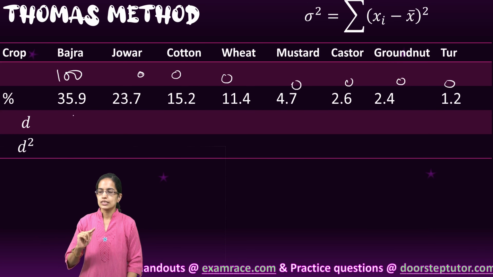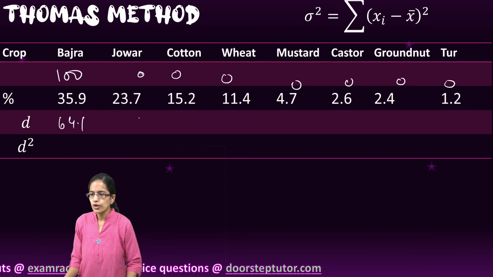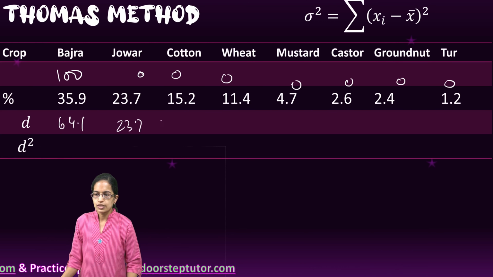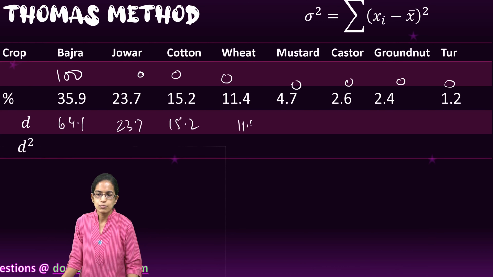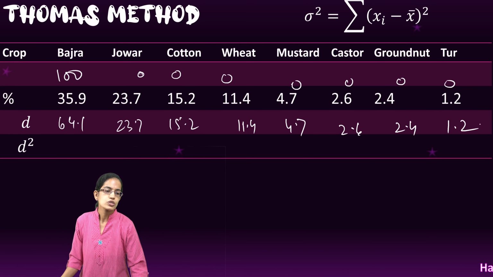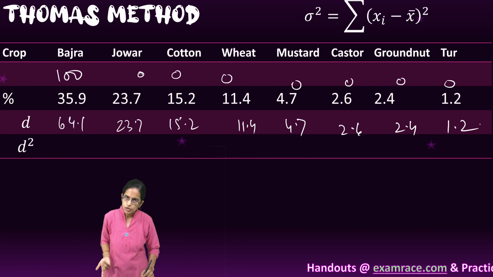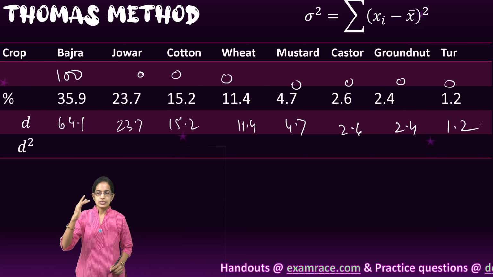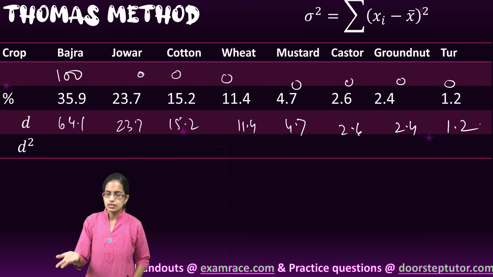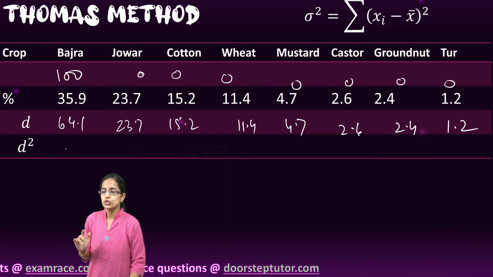Now what Thomas did was he took the differences. So difference here was 64.1. Here the difference was 23.7, 15.2, 11.4, the same values which were repeated because there was no significant difference as the other crops proportion was 0, and the difference remained the same because any number minus 0 would give you the same number. Now what he took was the square.